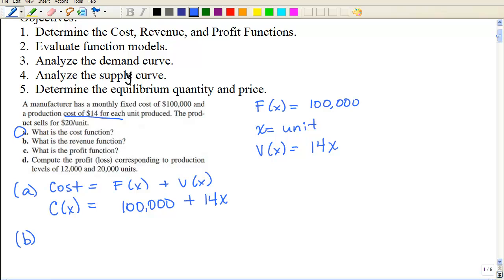Part B, the revenue function. How much money do you bring in? Well, for this one we go back to the product selling for $20 a unit. Now remember, X is each unit. So every time you sell a unit, you bring in $20. You don't make it, but that's your $20. So your revenue function is going to be 20 times X.